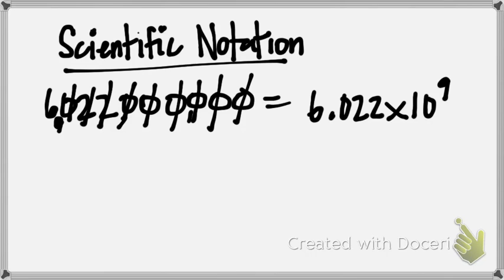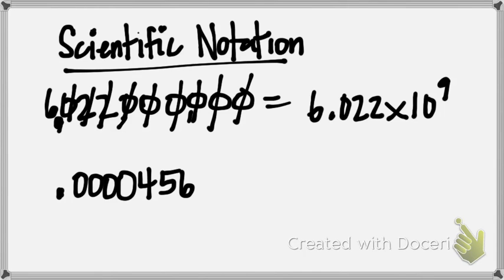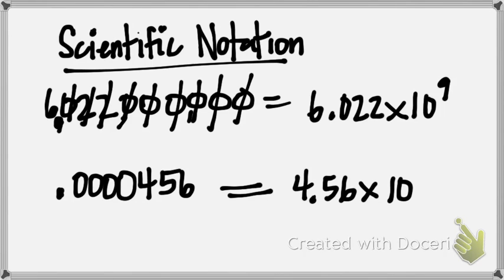Now that also works for really small numbers. So if we had 0.0000456, we would use scientific notation instead, and we would put it as 4.56 times 10 to some power. Now because this is a small number, you're going to use a negative exponent, and with a large number you're going to use a positive exponent.